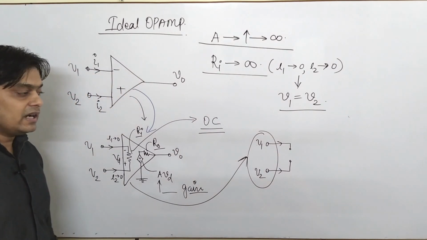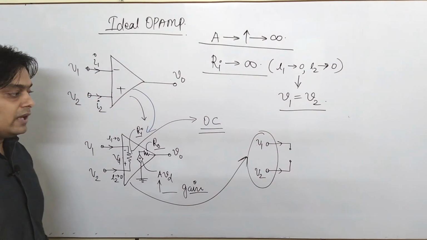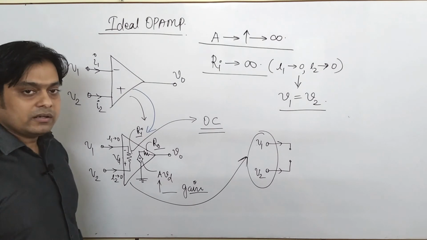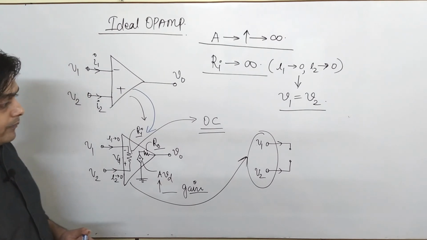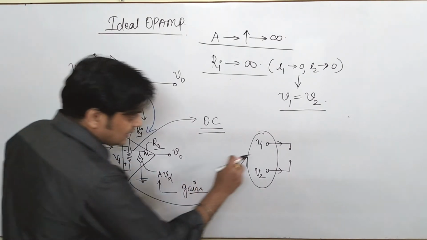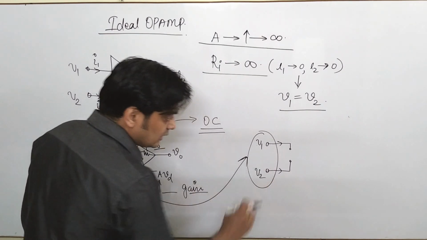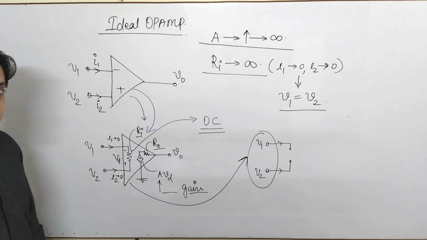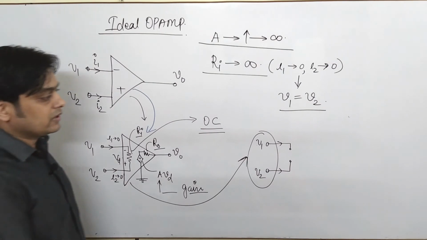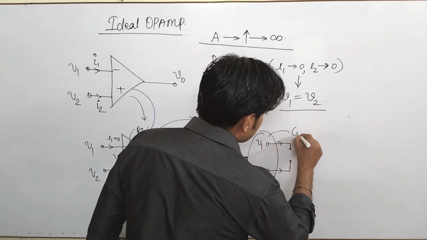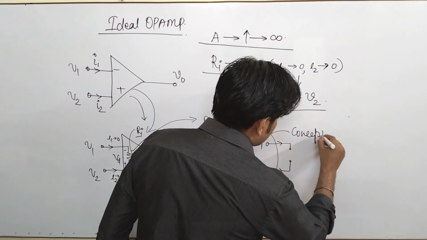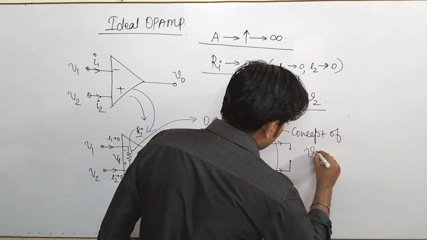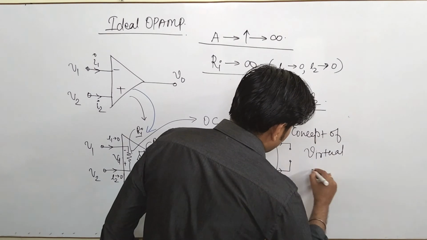So you can say that the value of V2 and V1 is equal. This is basically known as the concept of virtual ground. Please keep in mind, this concept is known as the concept of virtual ground.